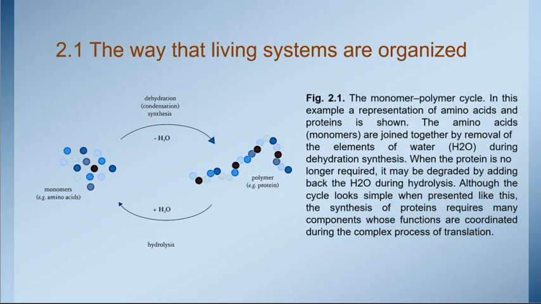When the protein is no longer required, it may be degraded by adding back the H2O during hydrolysis. Although the cycle looks simple when presented like this, the synthesis of proteins requires many components whose functions are coordinated during the complex process of translation.